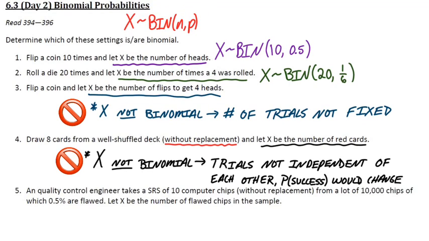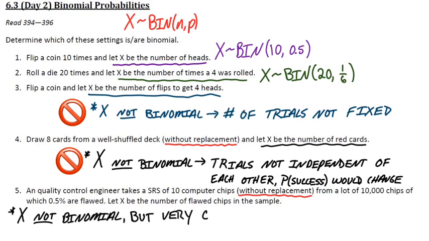Okay, and then number 5 says a quality control engineer takes an SRS of 10 computer chips without replacement from a lot of 10,000 chips, of which 0.5% are flawed. Let x be the number of flawed chips in the sample, and the sample apparently is 10 computer chips. So yeah, this one again is without replacement, so x would not be a binomial random variable, but it would actually be really close.